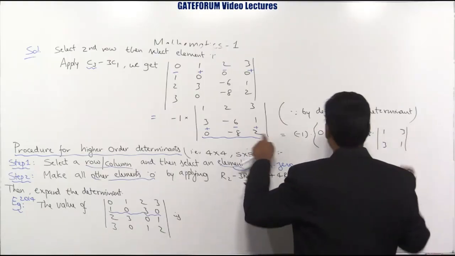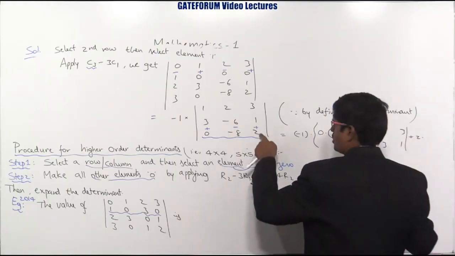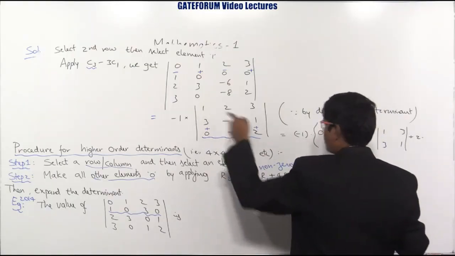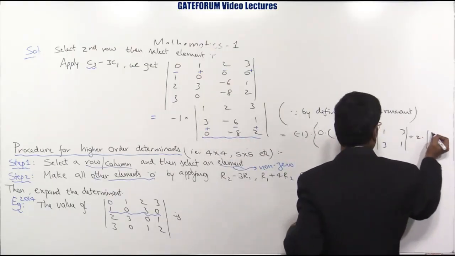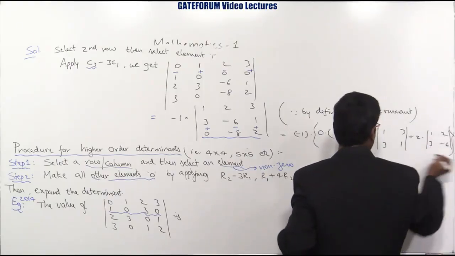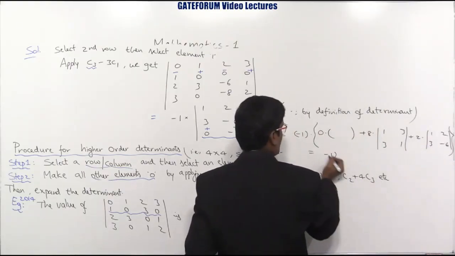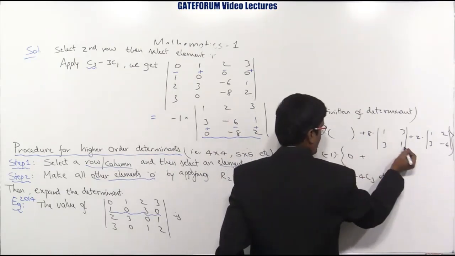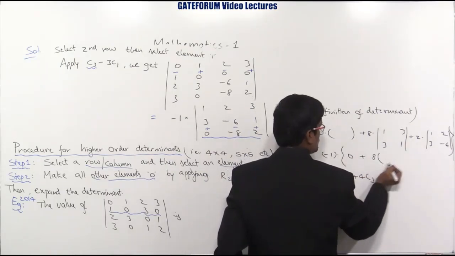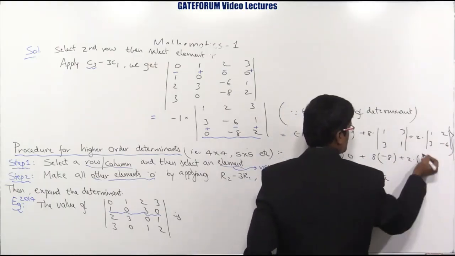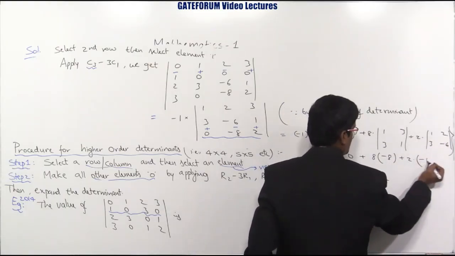Last element plus 2. This 2 is in third row, third column; delete, and these 4 elements are the minor. That is 2 into determinant 1, 2, 3, -6. Close the bracket. This simplifies to -1 into 0 plus 8 into -8 plus 2 into AD minus BC, that is -6 -12.